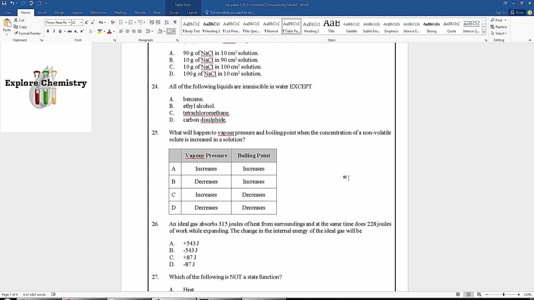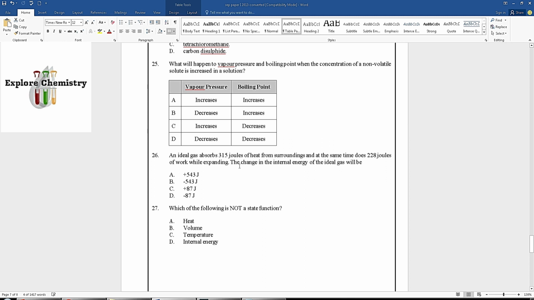Now come to 26. An ideal gas absorbs 315 joules of heat from surroundings and at the same time does 228 joules of work. Heat is absorbed means Q value will be positive, and the system is doing the work, and it is also written expanding. In expanding, work is done by the system.